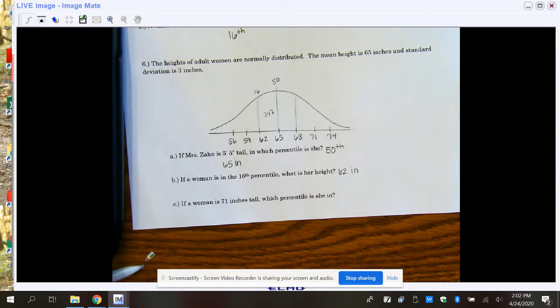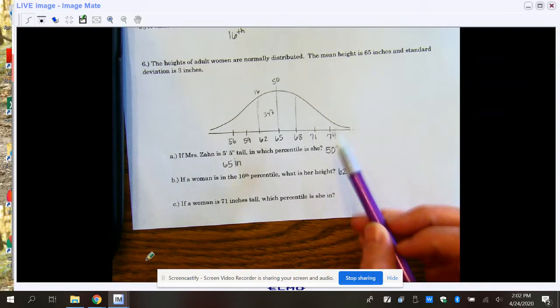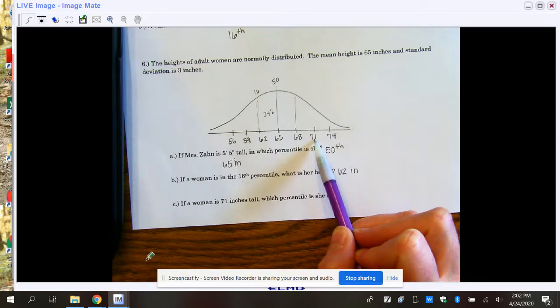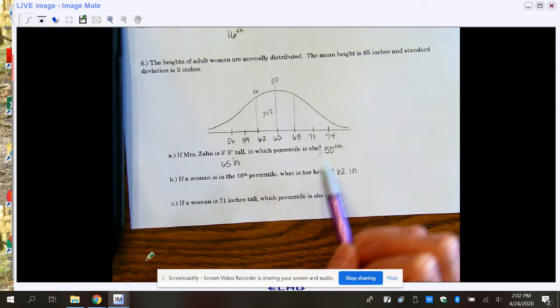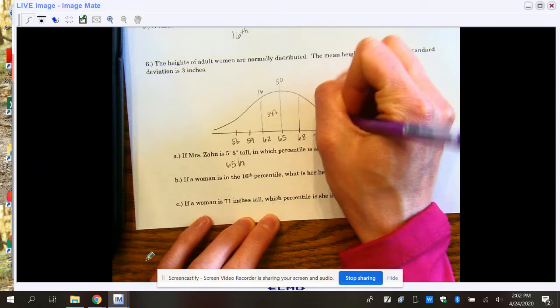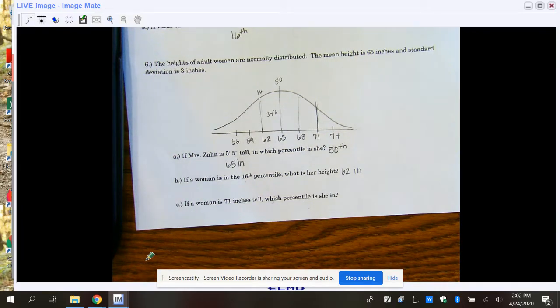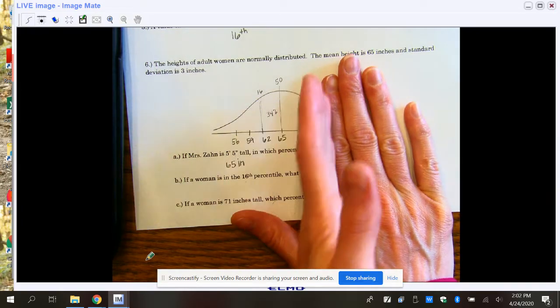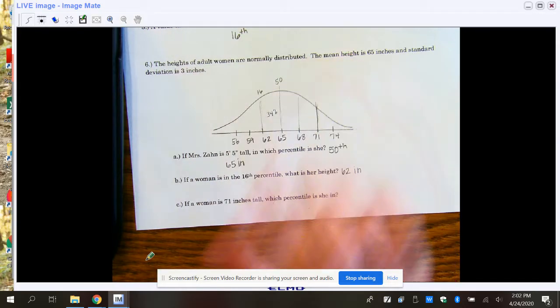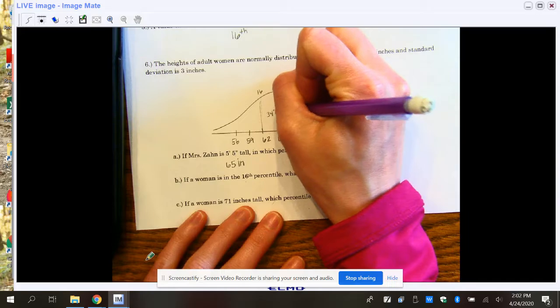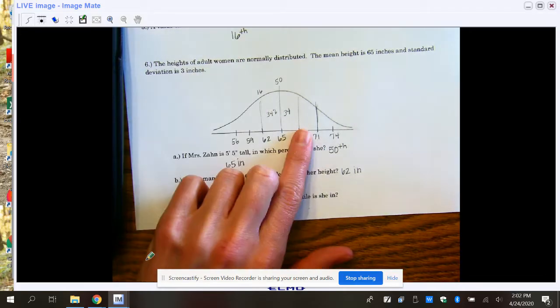So this one now says if a woman is 71 inches tall, what percentile is she in? So if we know her height, now we're trying to figure out the percentile. We're kind of working backwards here. I need to figure out what percent this chunk is right here. Okay, so again, there's a couple ways to do that. I'm going to chunk it starting at 50.